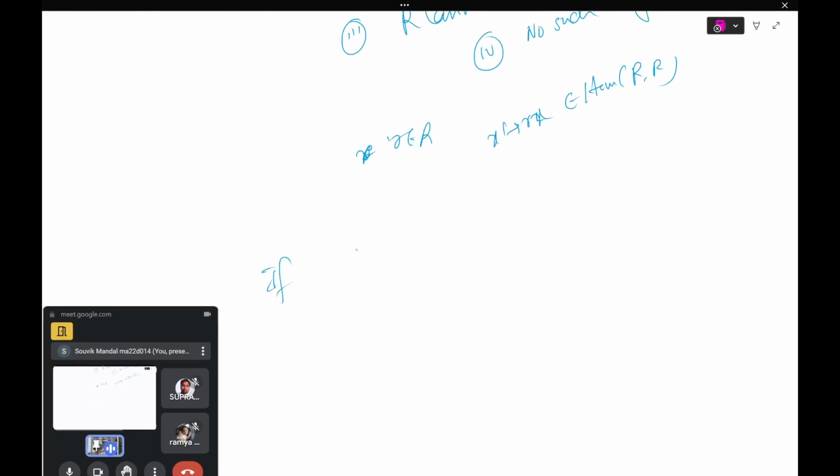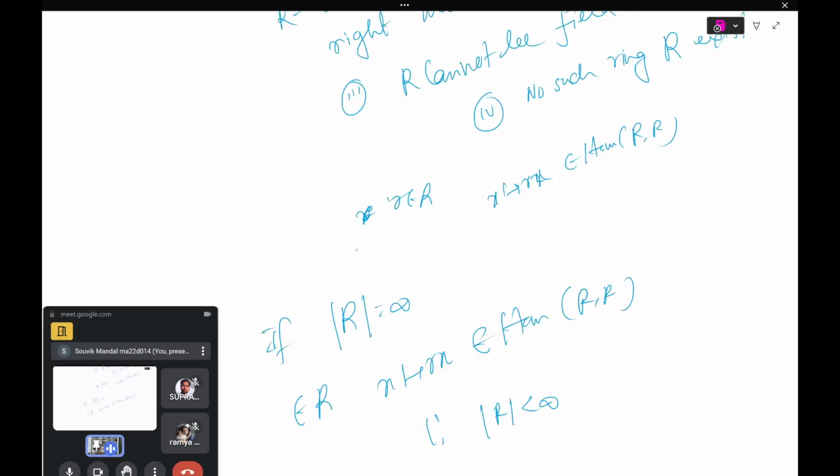If R is infinite, then for each r belonging to R, x goes to rx is an element of Hom_R(R, R). So in that case, Hom_R(R, R) will contain an infinite number of elements, which is a contradiction. So the order of R has to be finite.